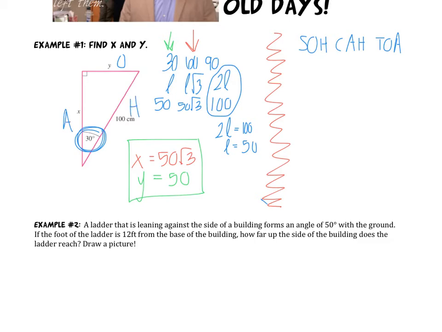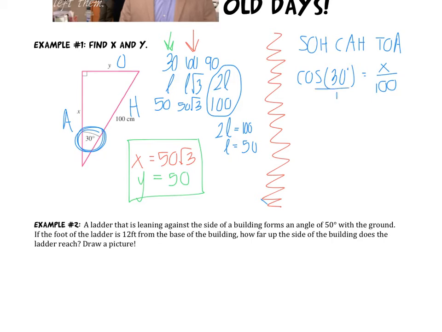I'm going to start with finding x. No rhyme or reason why, but I'm just going to start with x. So that is A over H, because I'm going to use the 100 centimeters as my hypotenuse. So that means I'm going to do the CAH of SOHCAHTOA, which is cosine 30 degrees equals x over 100, my adjacent side over hypotenuse.